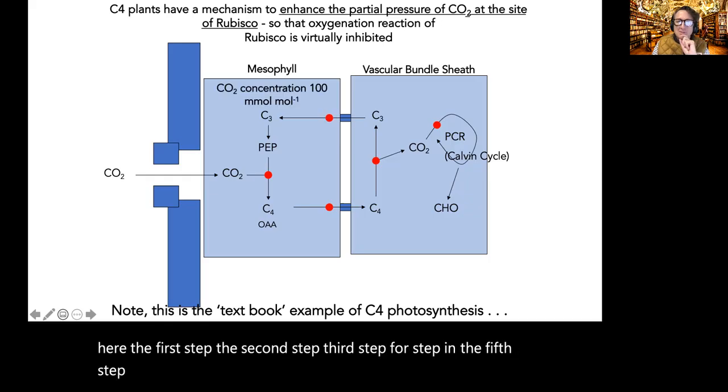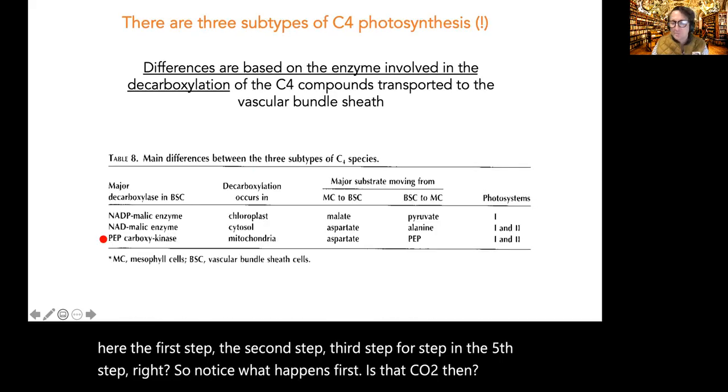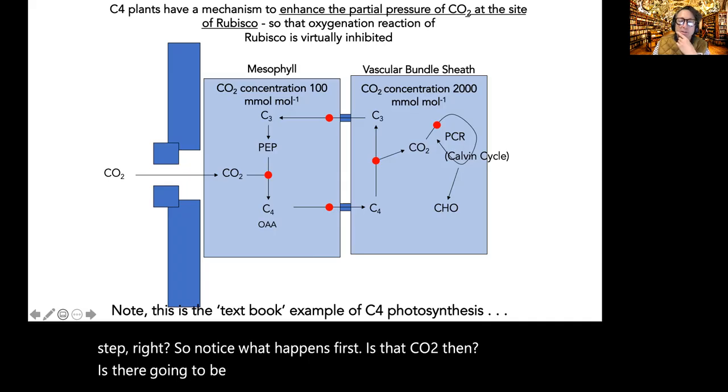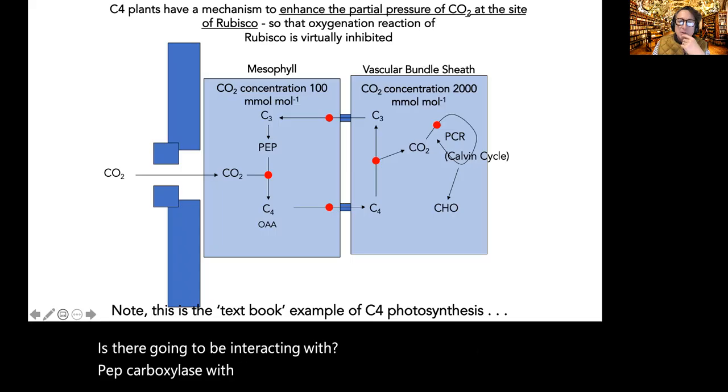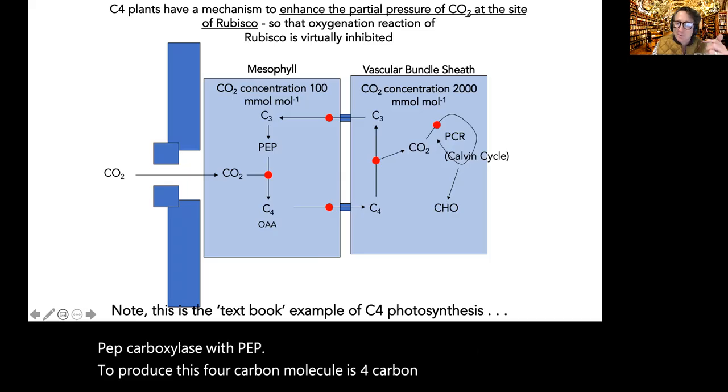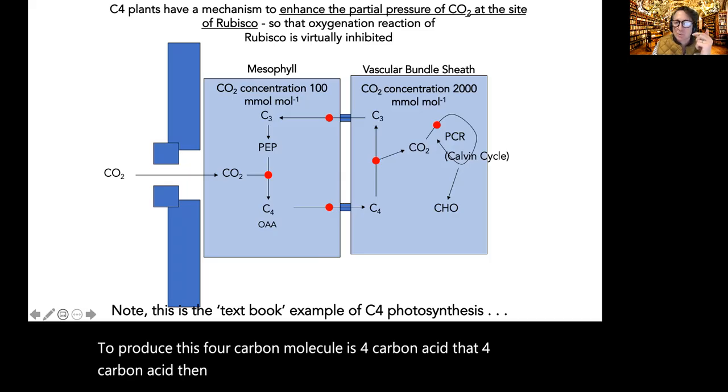Notice what happens first is that CO2 interacts with PEP carboxylase, with PEP, to produce this 4-carbon acid. That 4-carbon acid is then actively transported into the vascular bundle sheath cells.